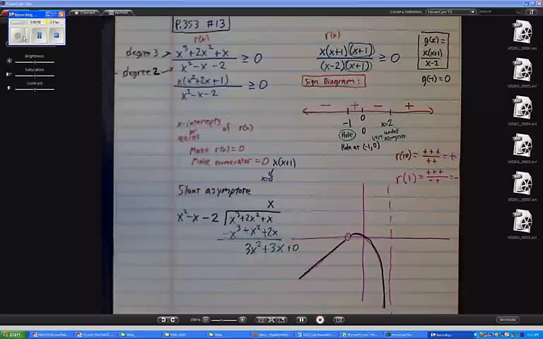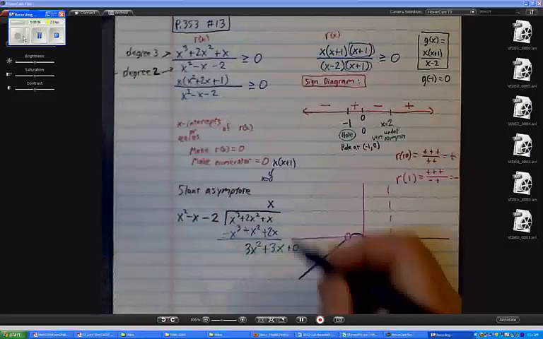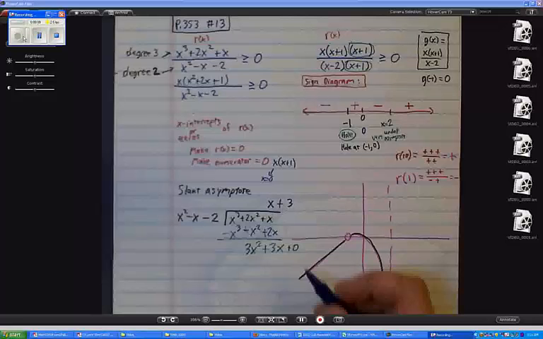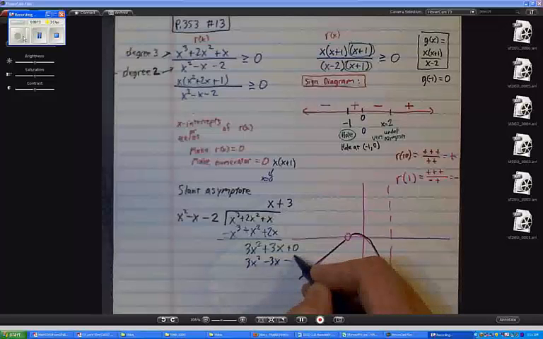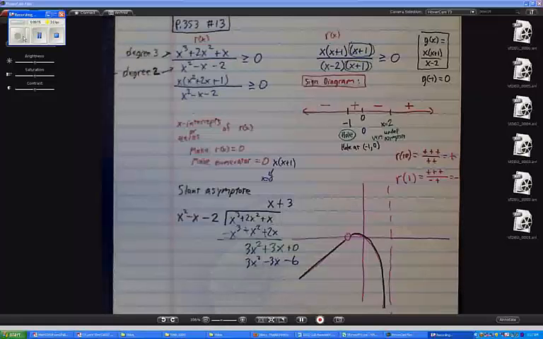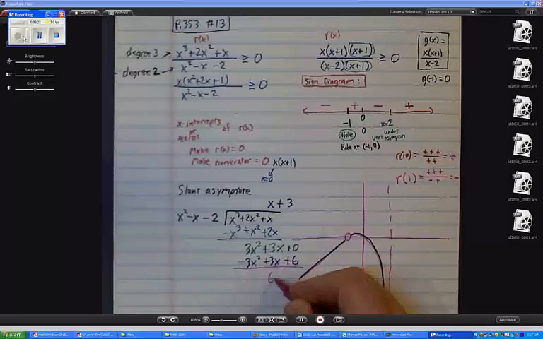You say, what times x squared is 3x squared? You'd say plus 3. 3x squared minus 3x minus 6. When I draw my line, I change all my signs. And I get a remainder of 6x plus 6, and it really is a remainder, right? You're kind of stuck at this point.